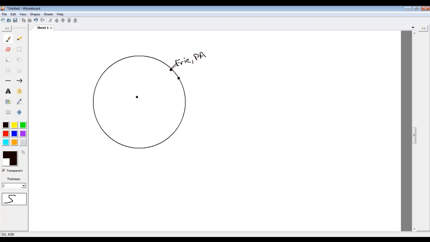So like if you were sitting on the Earth, due north, Erie, Pennsylvania is right in line with Columbia, South Carolina. Here's the center of the Earth.